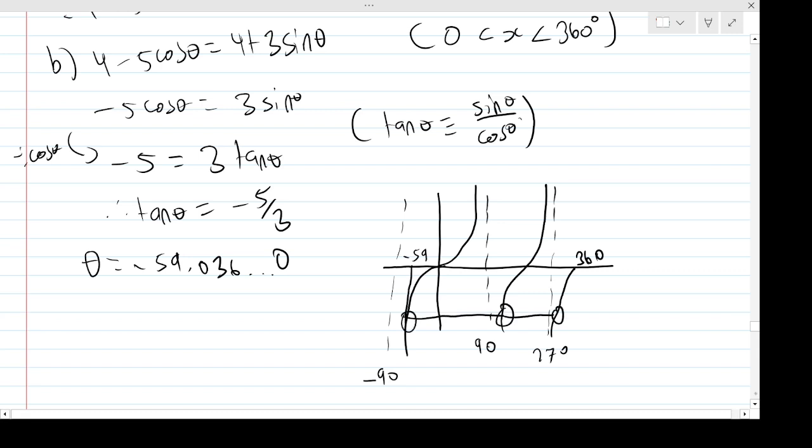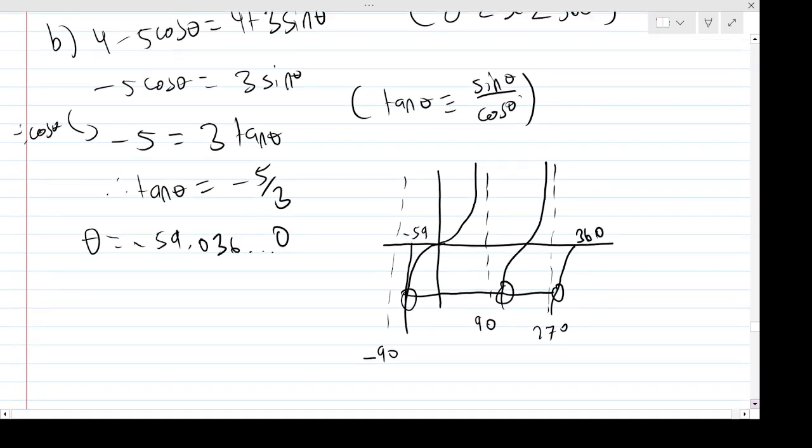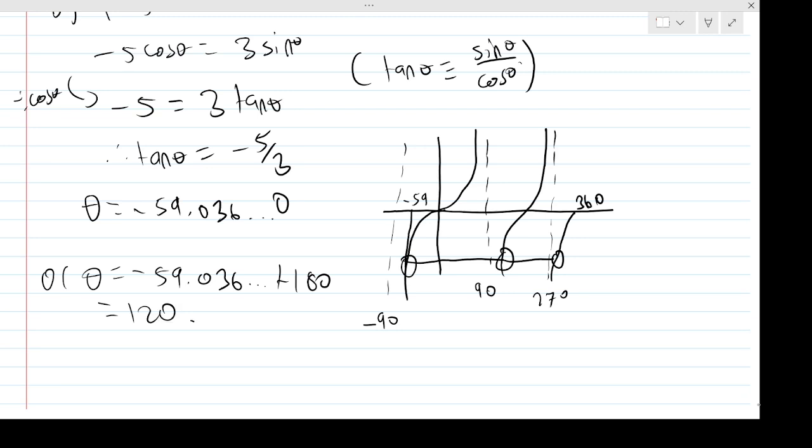To get to the other two solutions, they're just repeating every 180. If I add 180 to this solution, I get 120.963 degrees, which corresponds to that solution there.